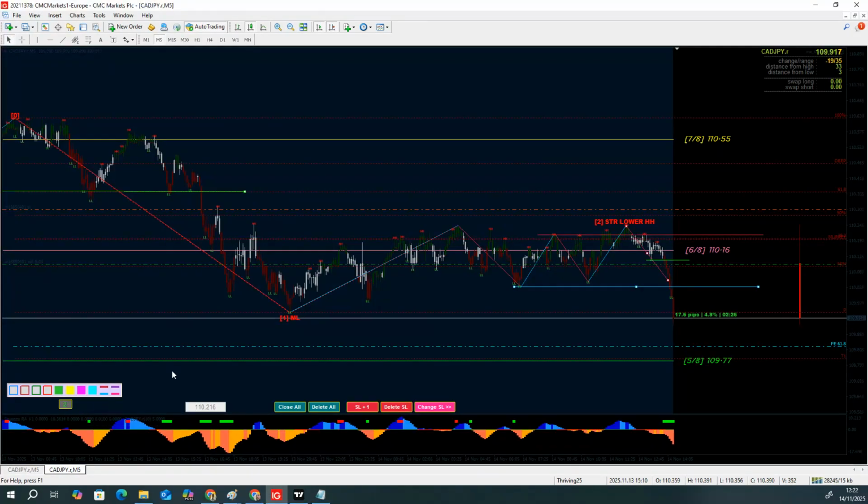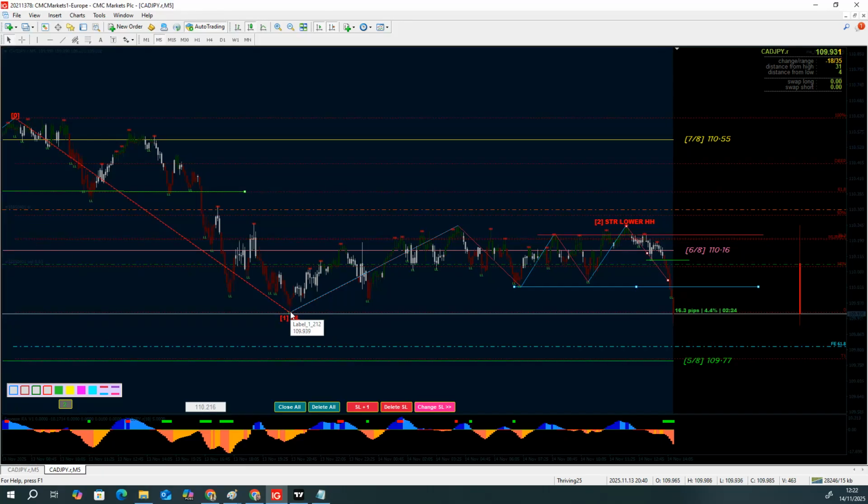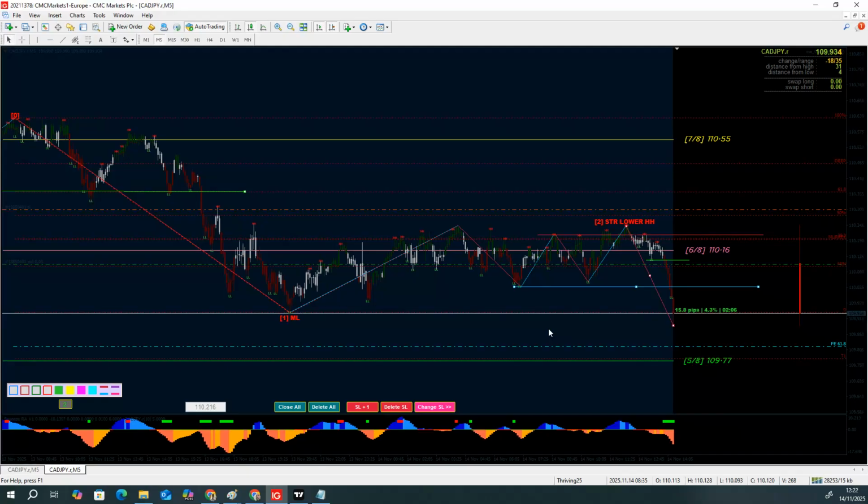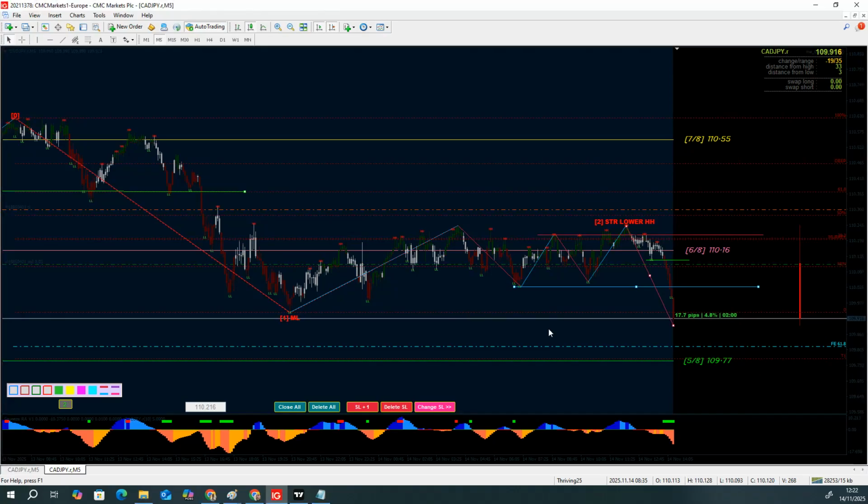Okay, so the momentum low has been broken. You can see there, a clean break. So not bad entry, even though we didn't take a trade there.